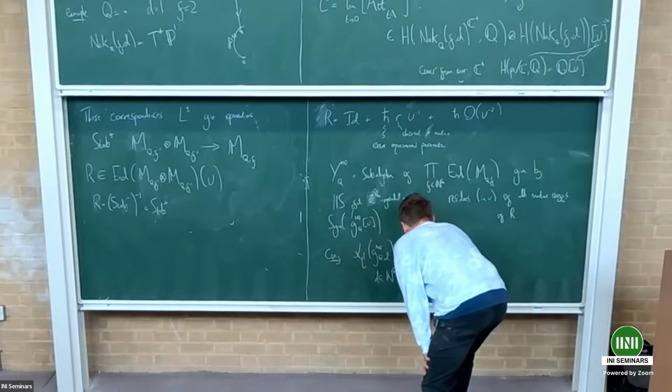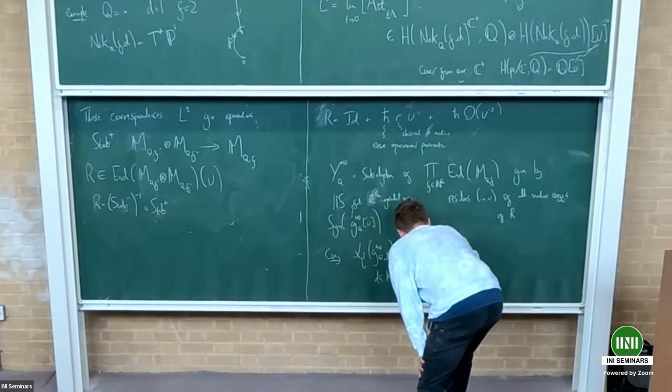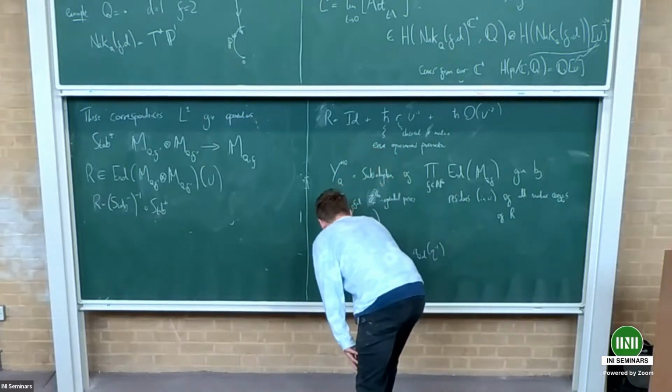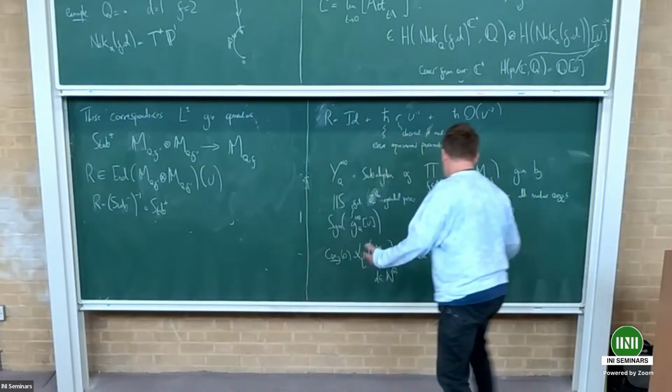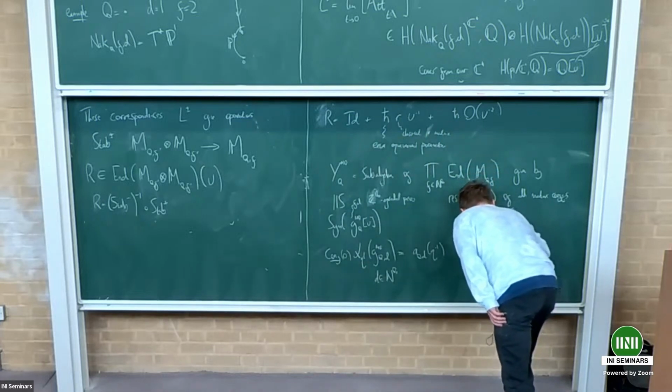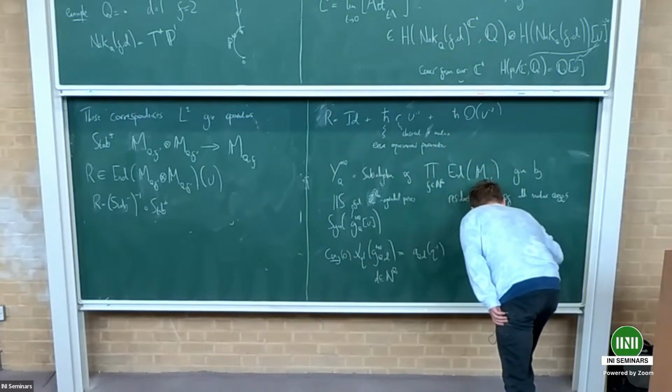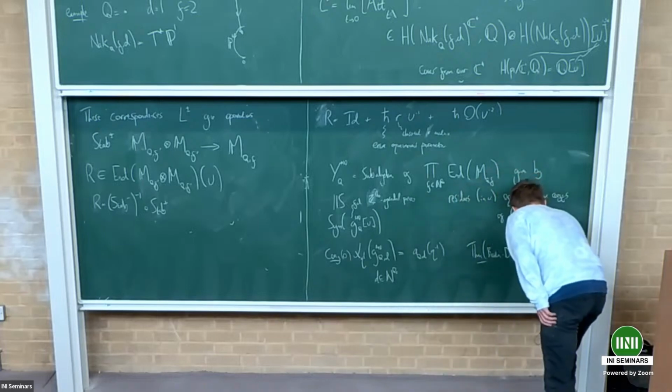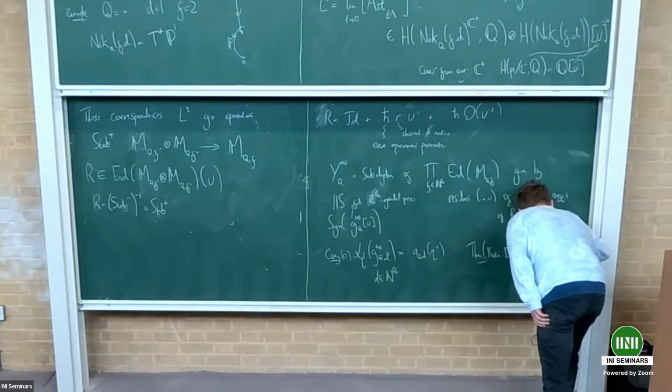This is equal to A Q D Q inverse. This is a conjecture due to Okounkov, and the theorem is that it's true, for all Q and for all D.